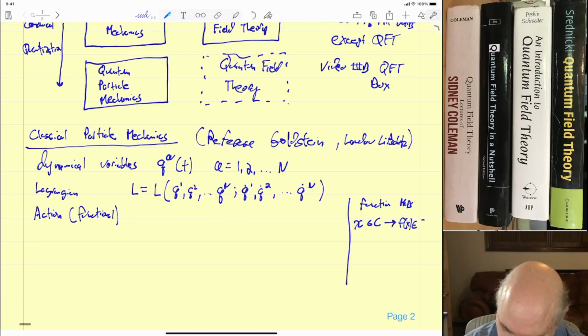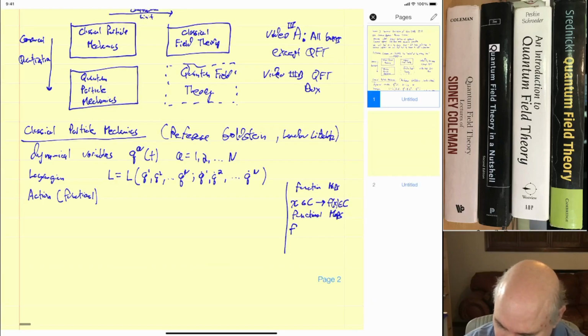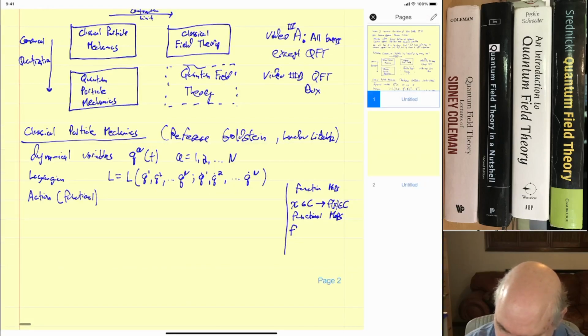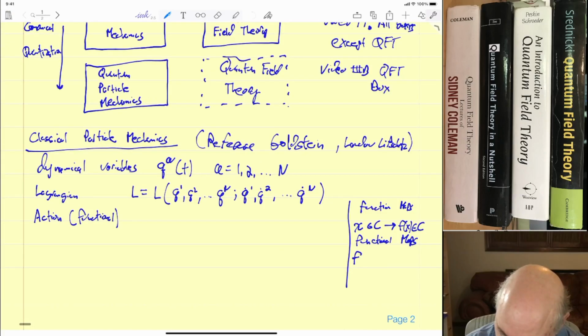But a functional maps a whole function of x. I'm going to leave out the argument x. It maps the whole function to a number. Let's call this f of f, which is an element of C.